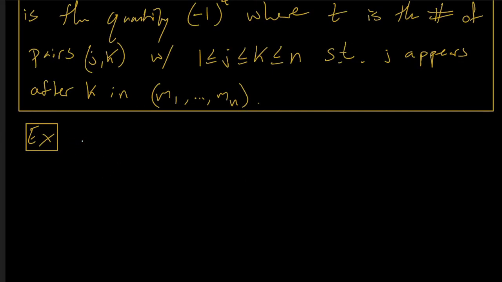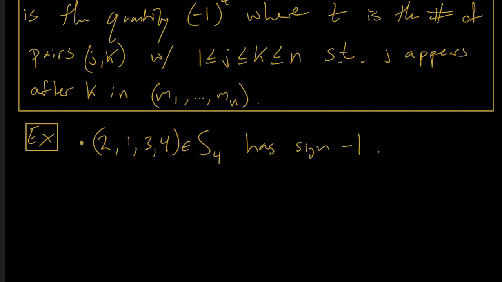Okay, so let's do, say, 2, 1, 3, 4 in S4 has sign -1 since only 2, 1 is out of order.